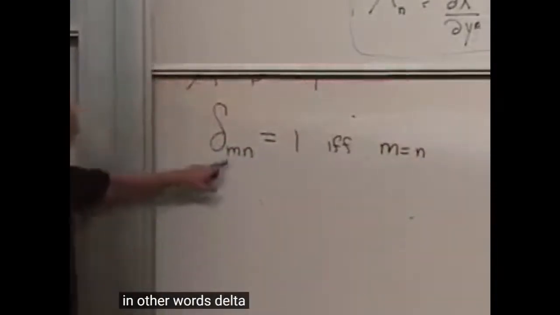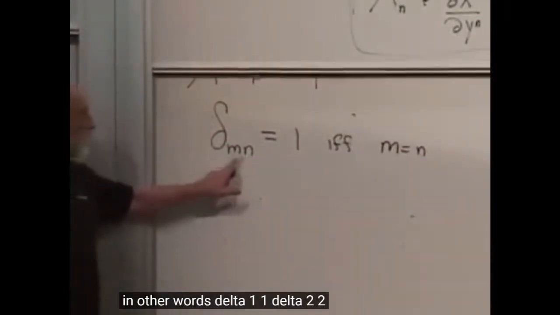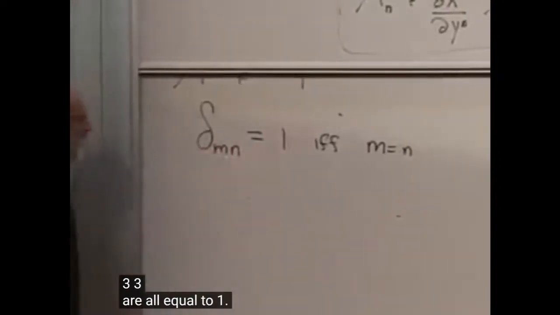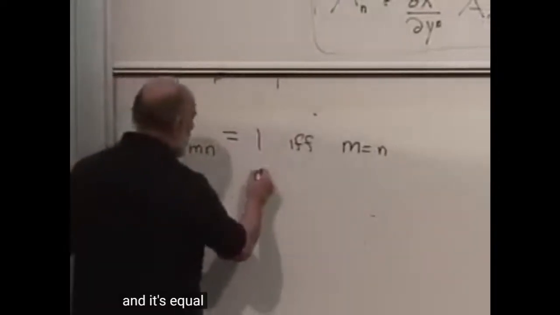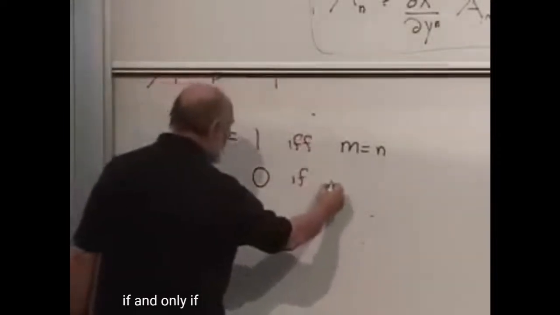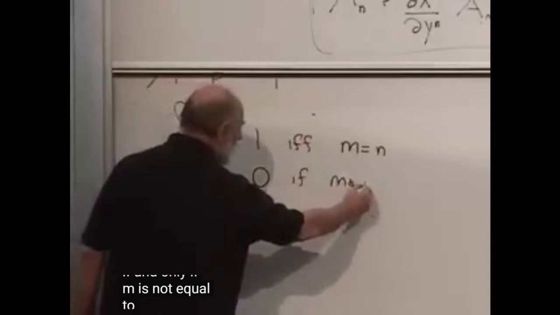In other words, delta 1,1, delta 2,2, delta 3,3 are all equal to 1. And it's equal to 0 otherwise, if and only if m is not equal to n.